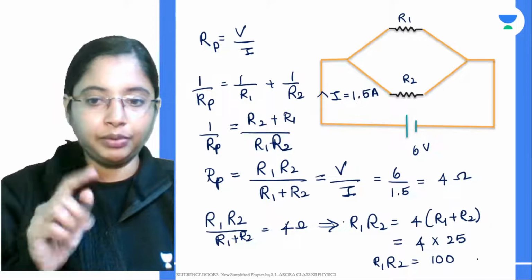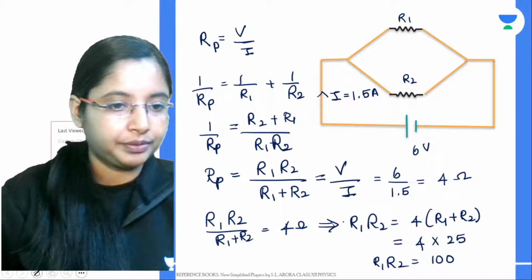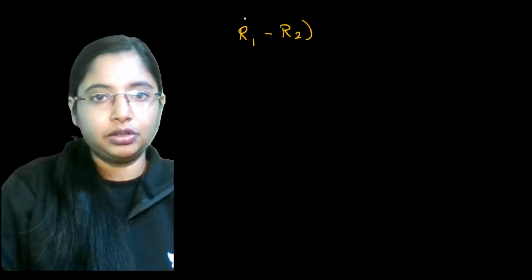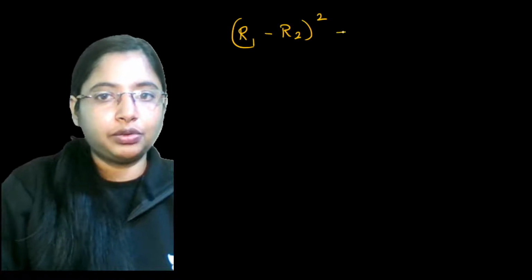Now, we are going to do a very small approximation. What we are going to do is R1 minus R2 the whole square.